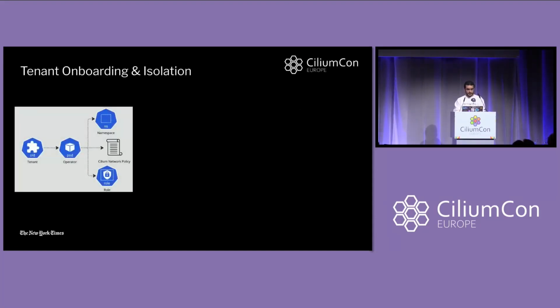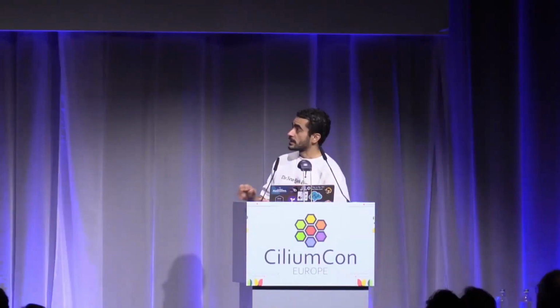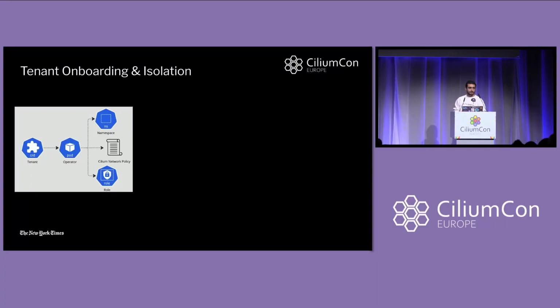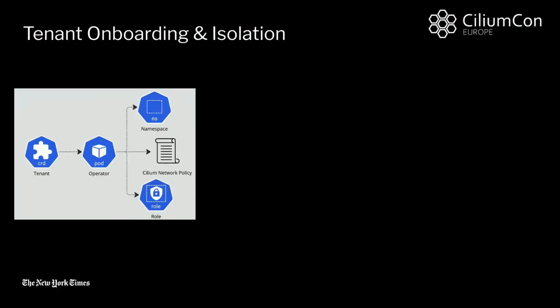So how does the process start? You get an account, and the process is completely automated. After that, a CRD gets created. We have in-house operators that take this CRD and convert it into Kubernetes resources: by default a namespace, roles, and all of the things that tie it back to your cloud account and give you access. And more importantly, we talk about Cilium network policy.